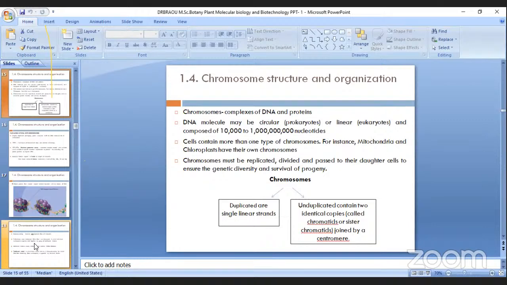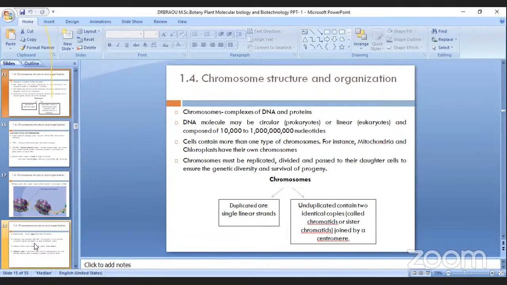Chromosomes, as we discussed, are complexes of both DNA and proteins. The cells contain more than one type of chromosome. Not only the nucleus contains chromosomes, but mitochondria in both plant and animal cells and chloroplast in plant cells also contain their own chromosomes.